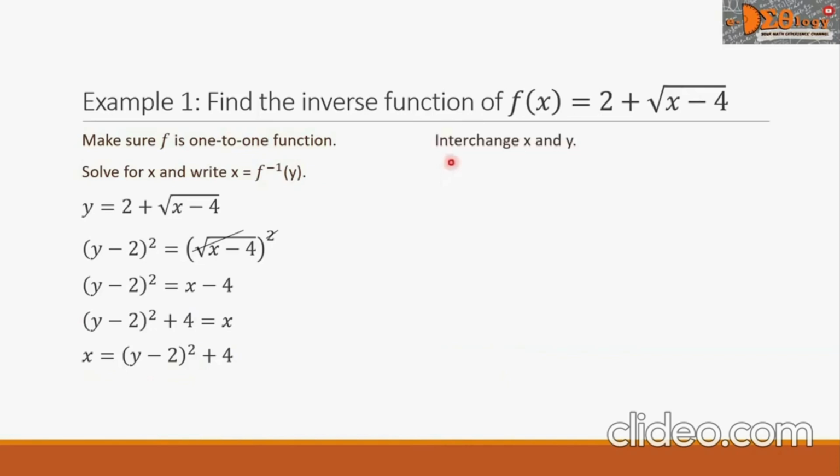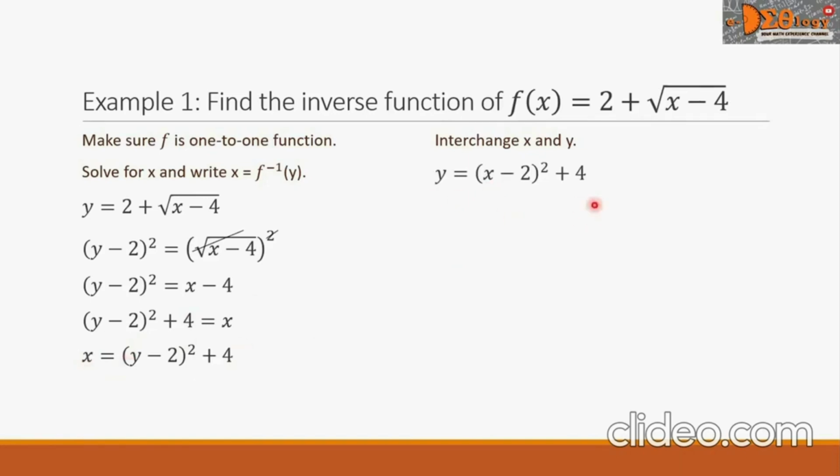We will go to step 3, to interchange x and y. It means to say, using this equation, I'm going to copy this equation in here. However, for all the x that I see, I will change to y and vice versa. So the x becomes y, and the y here becomes x.